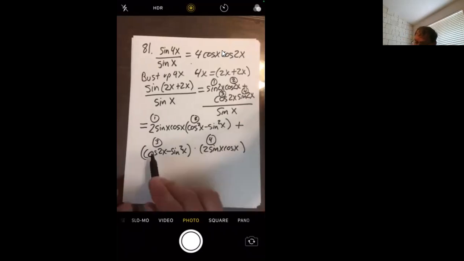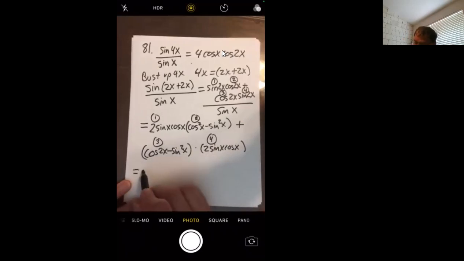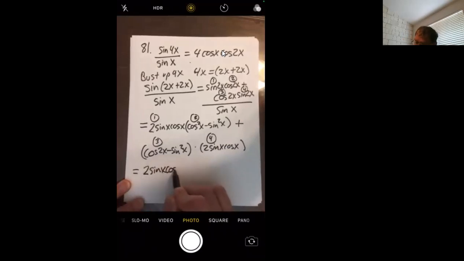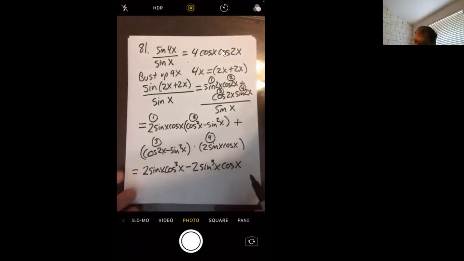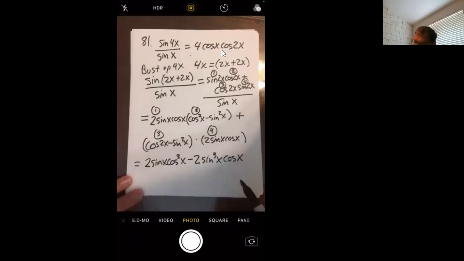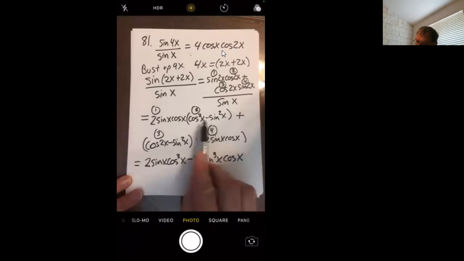Let's go ahead and write out twice sine x, cosine cubed. That's this times this, minus twice sine cubed, cosine. So your sine times sine squared, your sine cubed.